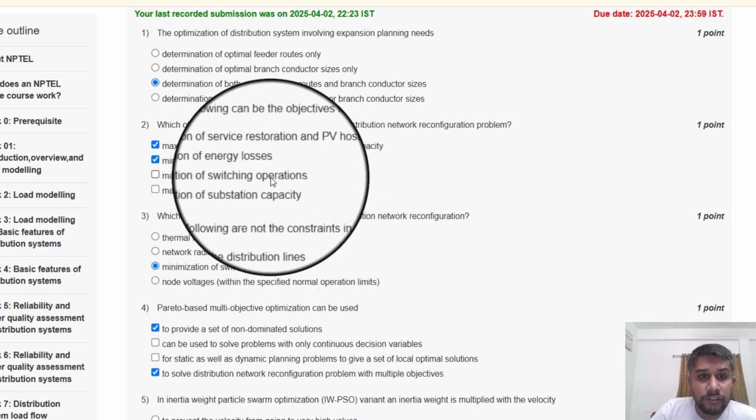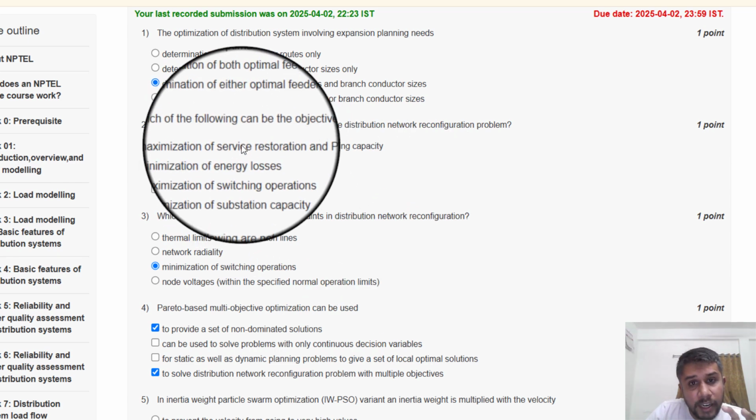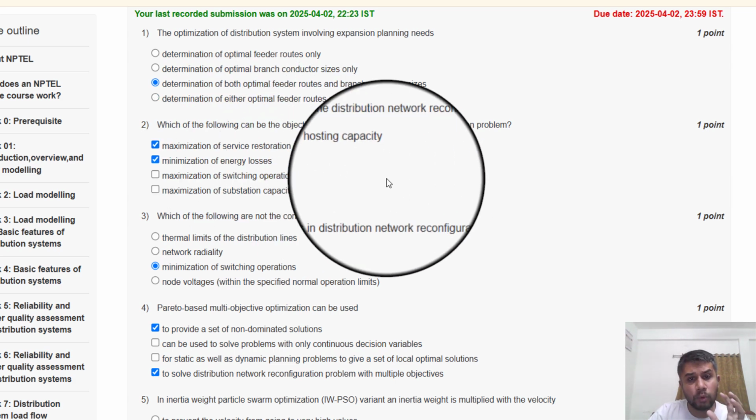Now second, which of the following can be the objectives in the distribution network reconfiguration problem? For the reconfiguration, we require maximization of service restoration and PV hosting capacity. The first option is right. Second is minimization of energy losses, meaning we are reducing the energy losses. So these two options are correct. Third is maximization of switching operation.